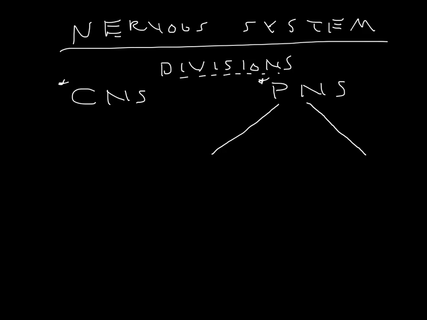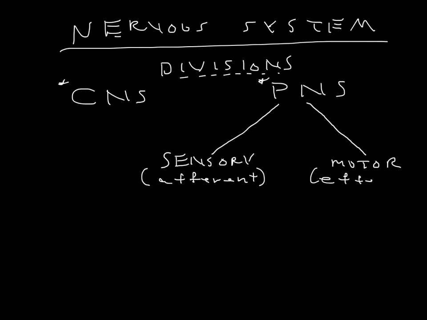Those divisions are the sensory, going towards, and the motor division going away. Sensory division is also known as the afferent, as in affect, and the motor is the efferent, as in having an effect.